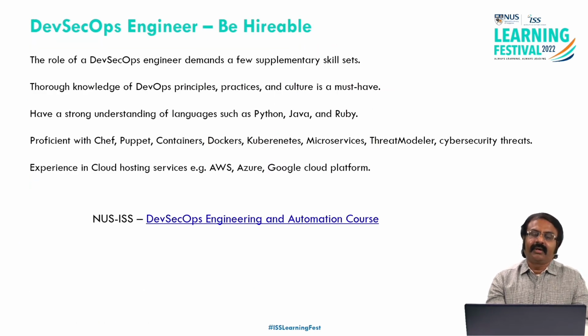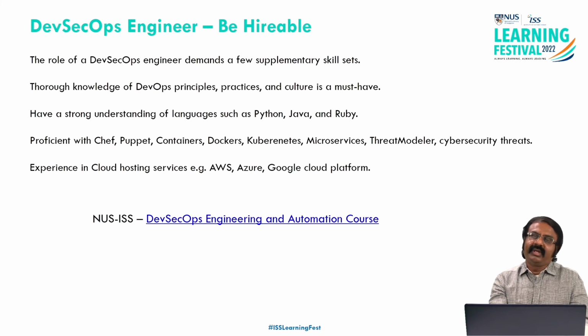So, how to be a hireable DevSecOps engineer. The role of the DevSecOps engineer demands a few supplementary skill sets. A thorough knowledge of DevOps principles, practices, and culture is essential, along with a strong understanding of scripting languages such as Python, Java, and Ruby, and proficiency with Chef, Puppet, containers, Docker, Kubernetes, and microservices.